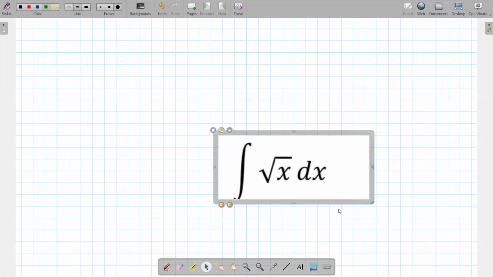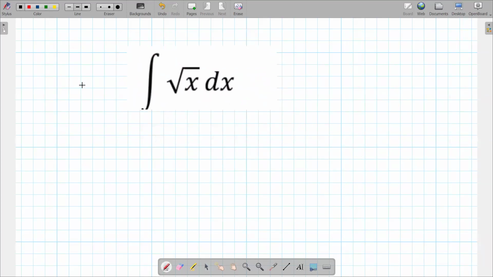This we can write in polynomial form. So this you can say is equivalent to x to the power of 1 over 2 dx. So now we're finding the integral. Instead of subtracting 1 from the exponent, we add a 1. So this will be x to the 3 over 2, right? But if you take the derivative of this as is, you would get 3 over 2 x to the 1 over 2.